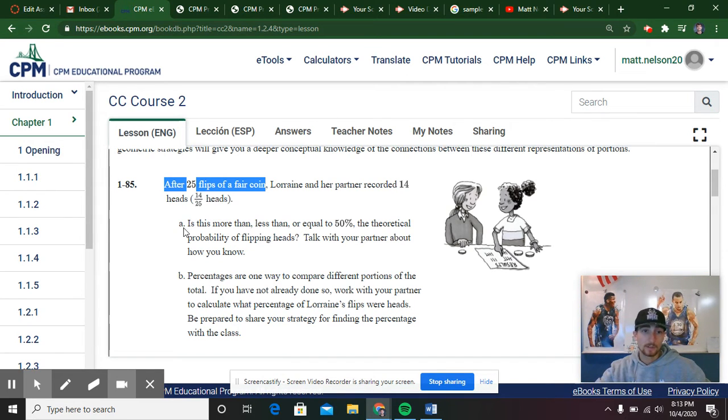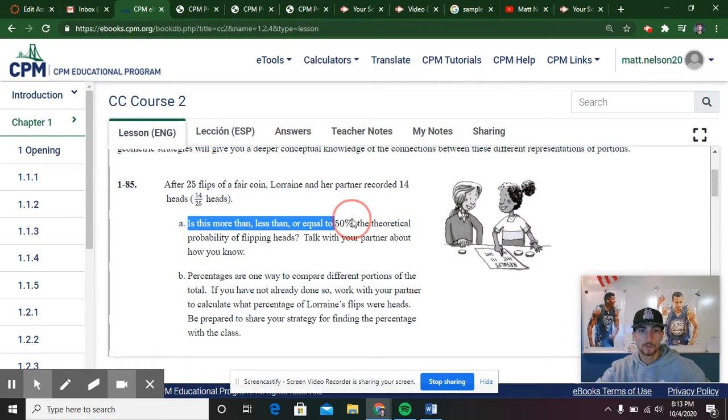And so now this first question asks, is this more than, less than, or equal to 50%, the theoretical probability of flipping heads? Talk with your partner. How do you know? Well, if I'm going to try to get this out of 100, right, because percent means 100, then I would need to change my total to, what do you think? 100, right?